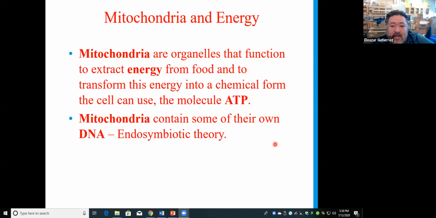And for a long time we thought that this was baloney until we actually found mitochondrial DNA.